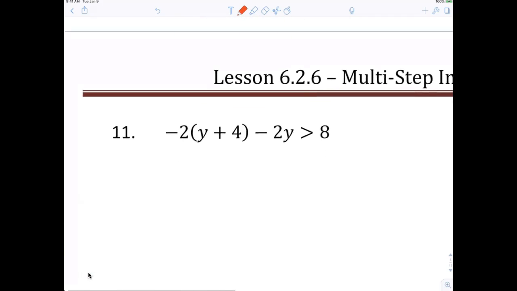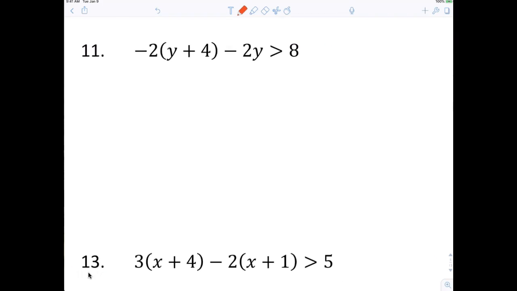All right, let me come around the room again. Distribute. Combine like terms. Let's go. Good. No mistakes.